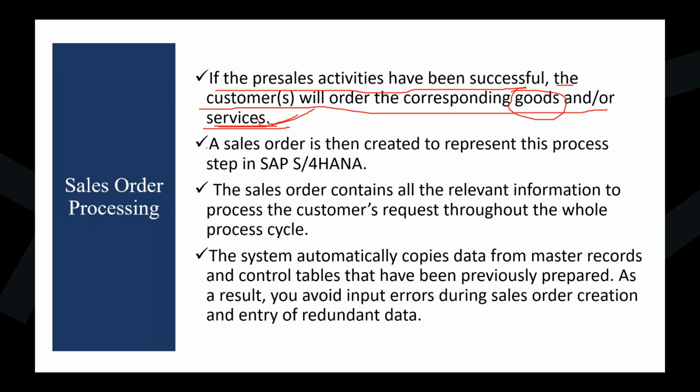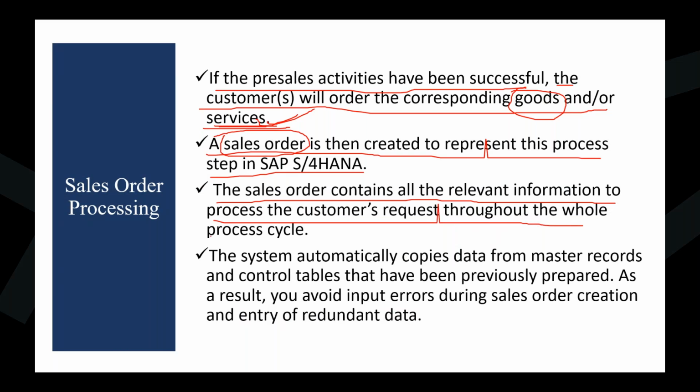A sales order is then created to represent this process step in SAP S/4HANA. So to trigger the sales process, the first step is creation of the sales order. The sales order contains all the relevant information to process the customer request throughout the whole process cycle. So it is the trigger point. The system automatically copies the data from master records and control tables that have been previously prepared.